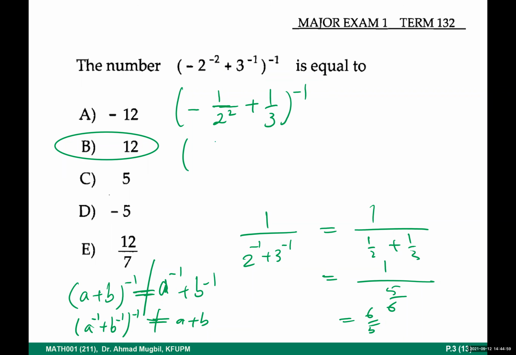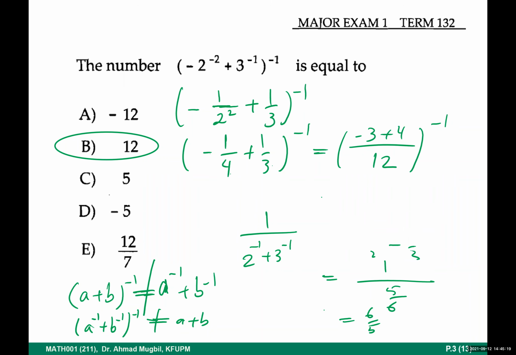This is equal to negative 1 over 4 plus a third, all to the power negative 1. The LCD is 12. Now it will be negative 3 plus 4 all to the power negative 1, and negative 3 plus 4 is 1, so 1 over 12 all to the power negative 1.